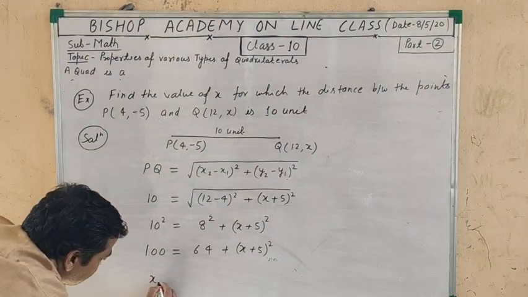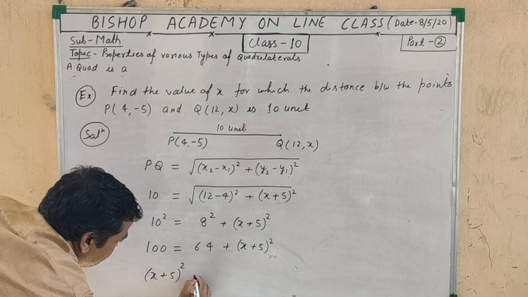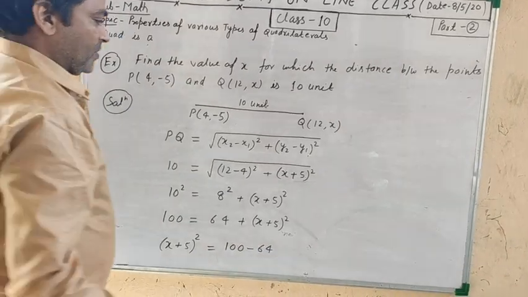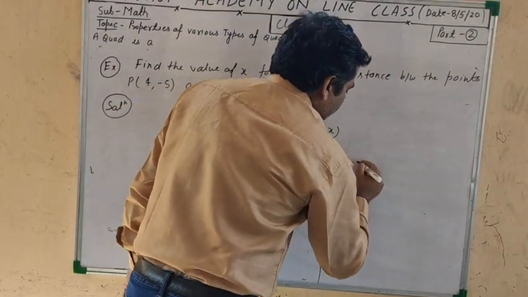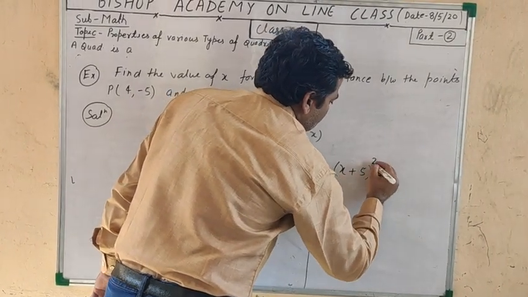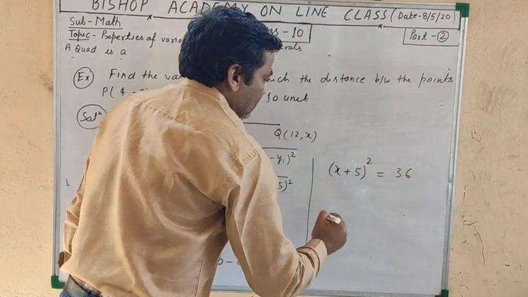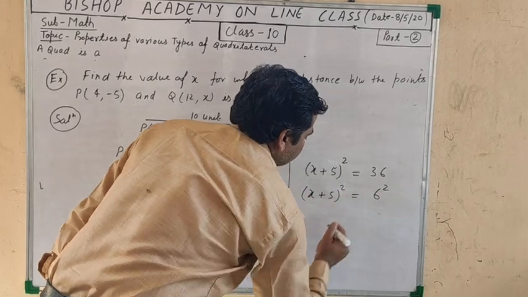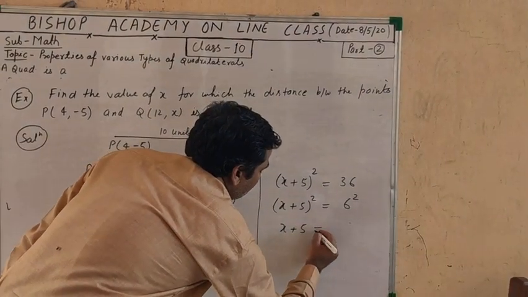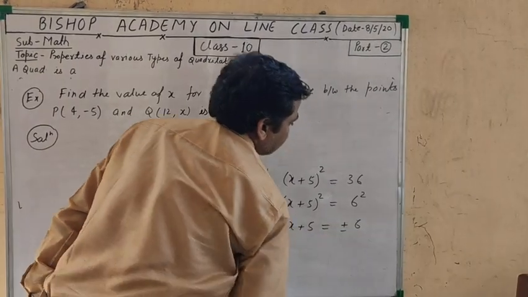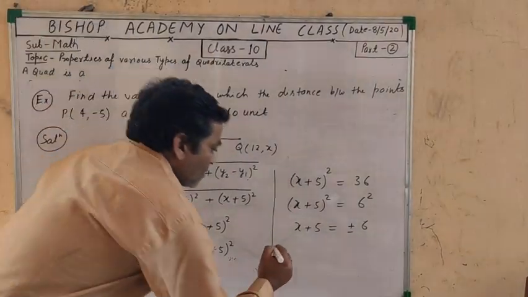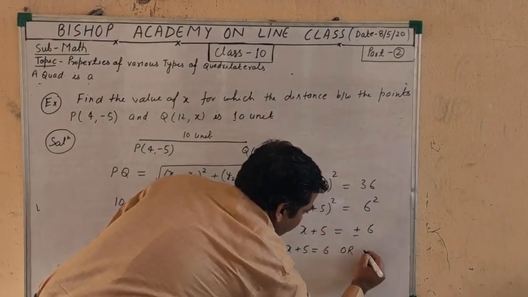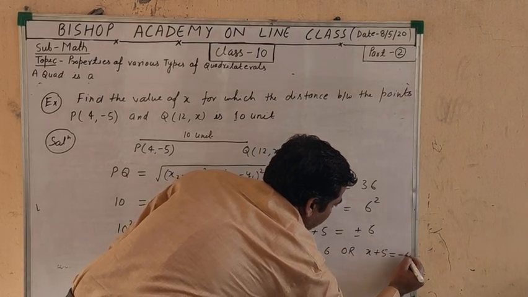Then (x plus 5) whole square equals 100 minus 64, so (x plus 5) whole square equals 36, that is 6 square. x plus 5 equals plus or minus 6. So x plus 5 equals 6 or x plus 5 equals minus 6.